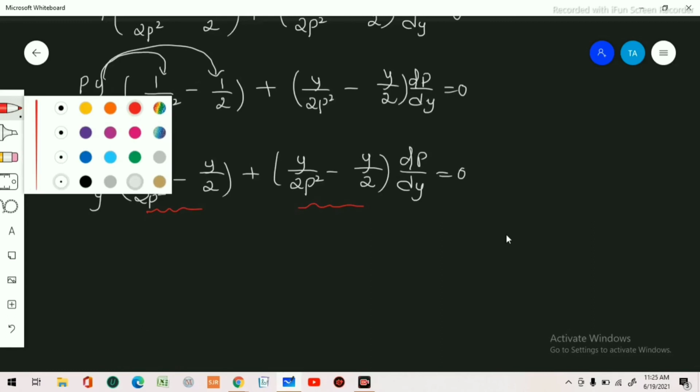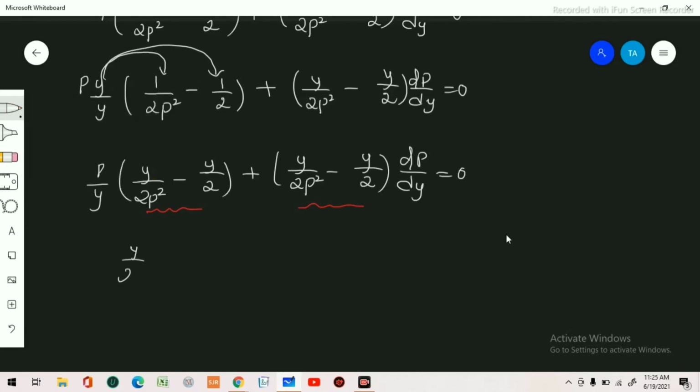Now we can take common y by 2p square minus y by 2. Remaining part, what is remaining? p by y plus dp by dy.